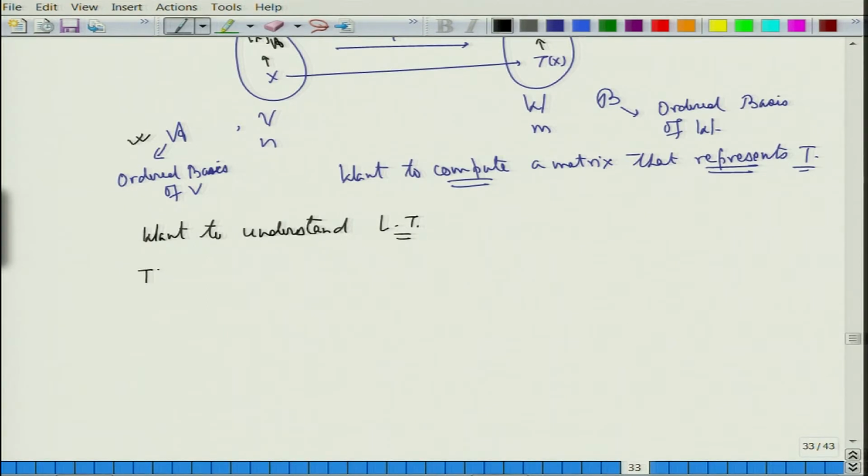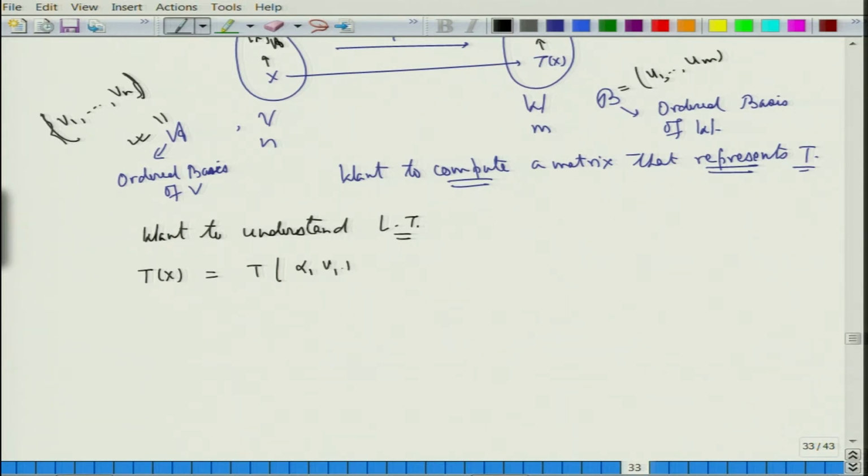So when I write T of x, let the basis of V be V1 to Vn, and the basis of W be, so I think I should put this bracket, say U1 till Um.